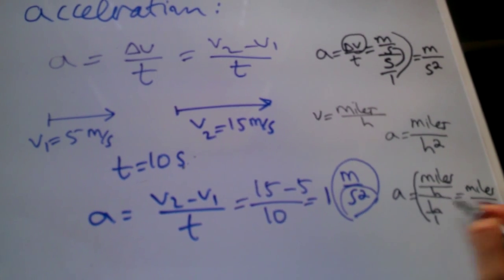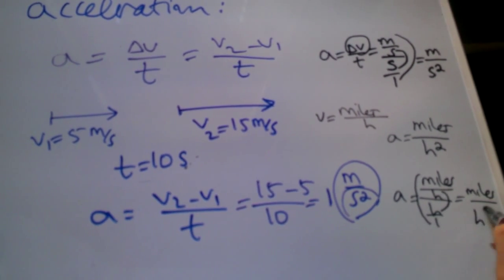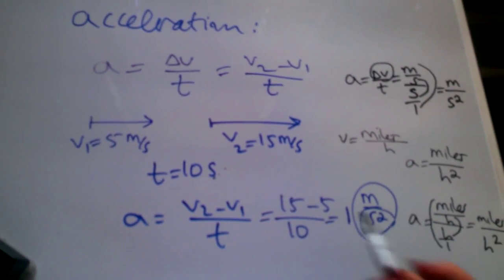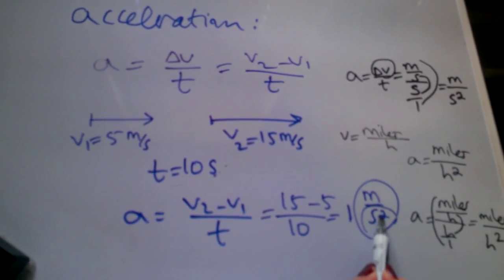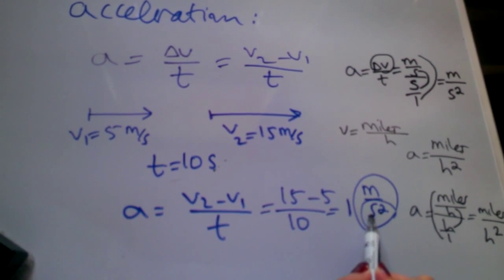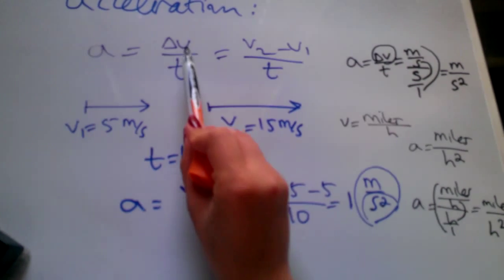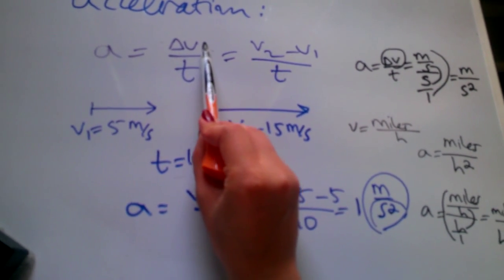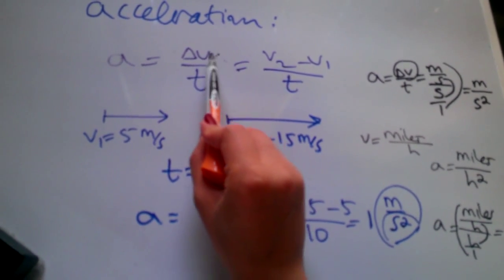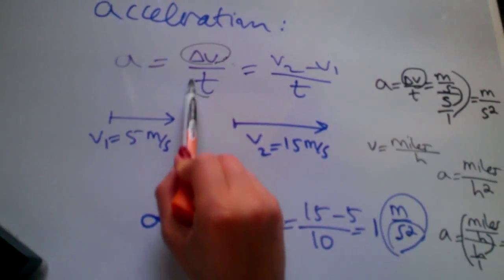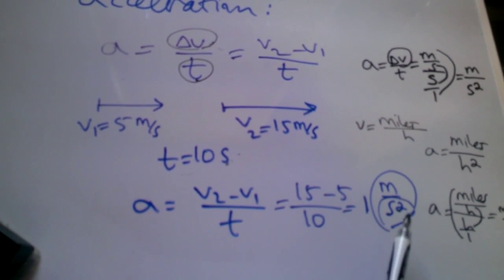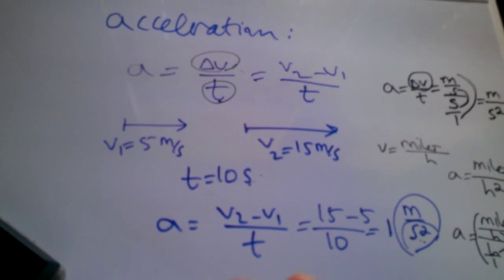Miles over hours times hours gives you hours squared. So in general, you always have a unit of time squared for your acceleration. Why? Because there is a time unit in the velocity up there, and there is another time unit down here, so that gives it a power of 2.